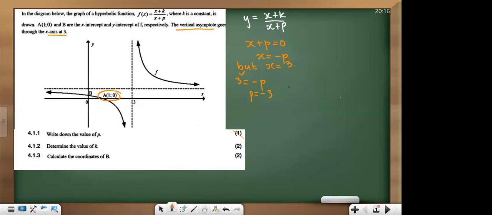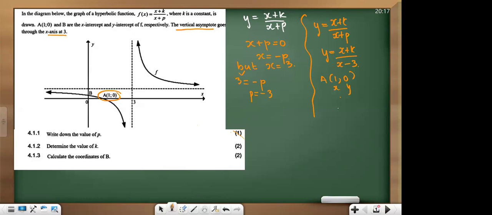Determine the value of k. All right, how do we get k? Do we know any point on the graph? Function is about substituting y equals x plus k over x plus p. But what I know is y equals x plus k over x minus 3. Do I know any point? Yes, I know A, which is 1 and 0.